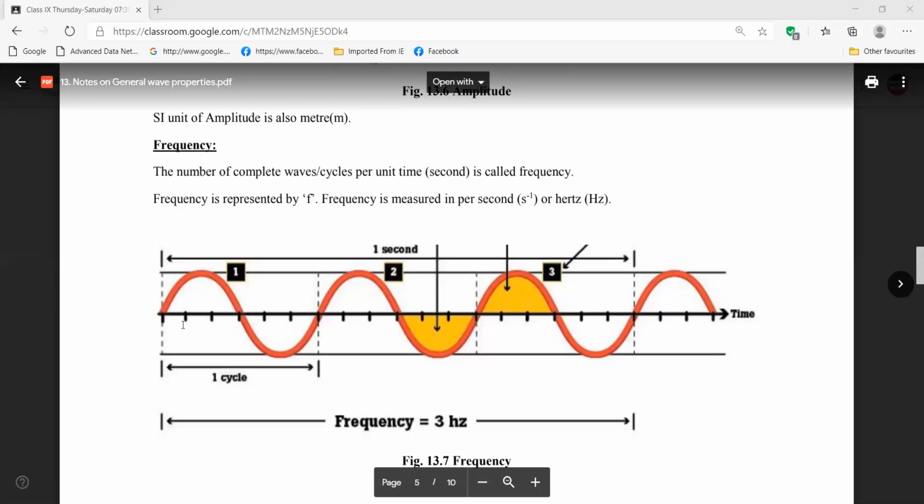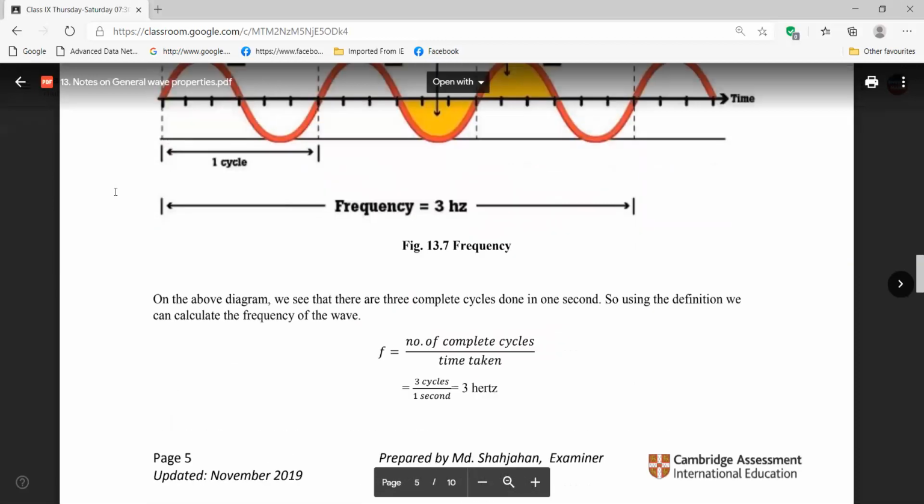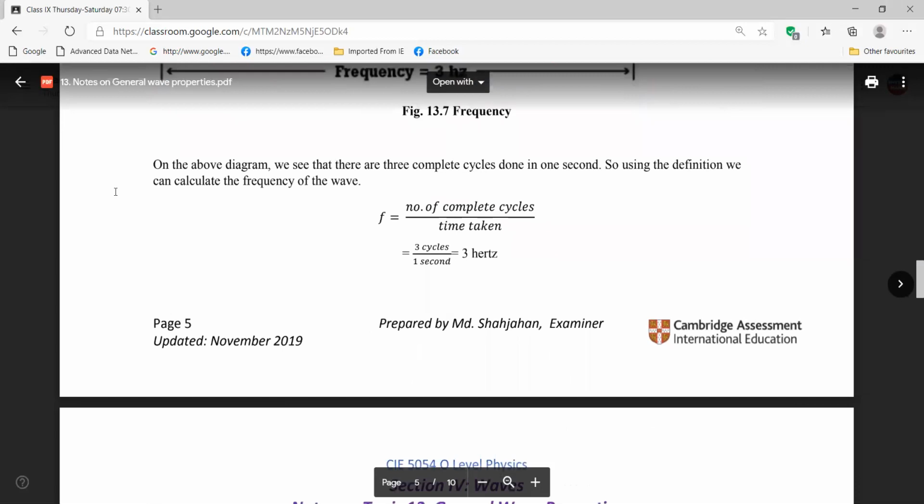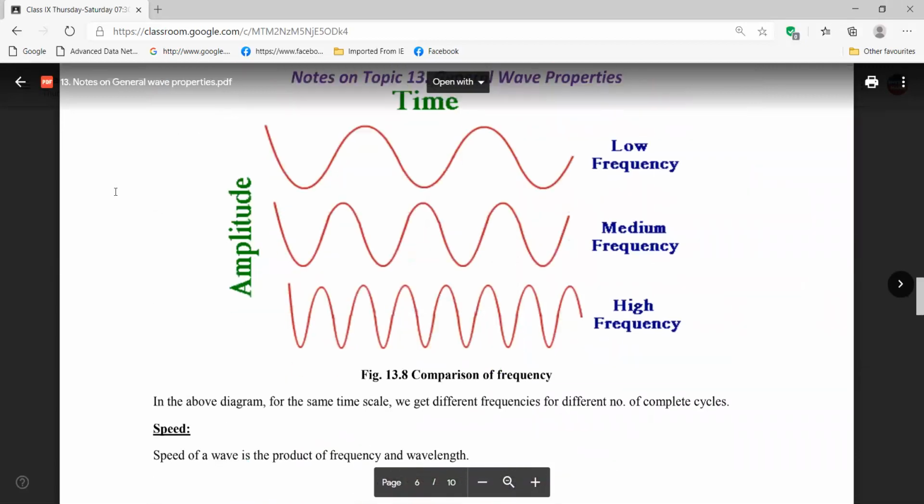And we also did amplitude, isn't it? After wavelength, we did amplitude. Then we did frequency, right? So please revise all this. At home, you try to revise all this. We will discuss all these things later on again.